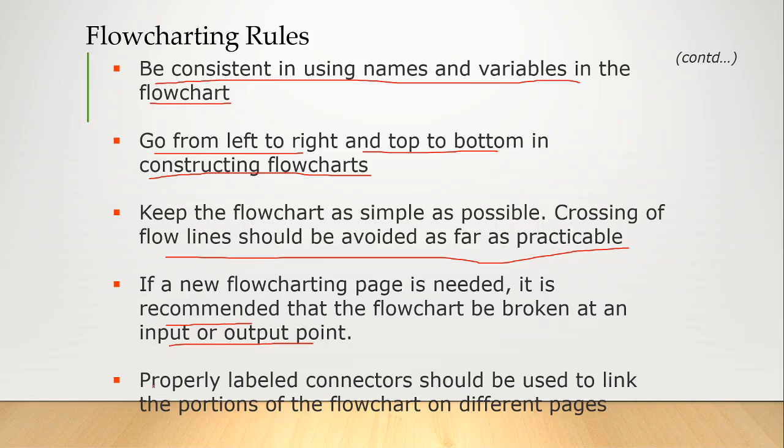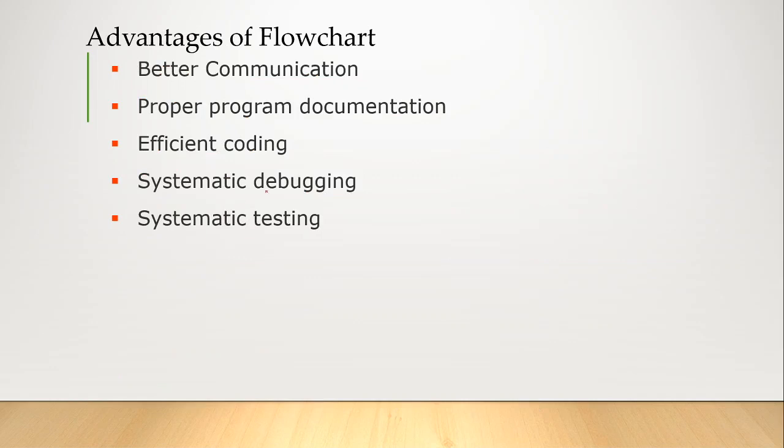Properly labeled connectors should be used to link the portions of the flowchart on different pages. So if your flowchart exceeds more than one page, properly labeled connectors should be used to connect the flowcharts on different pages.